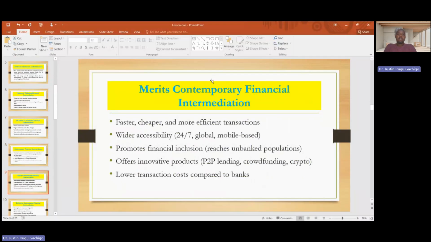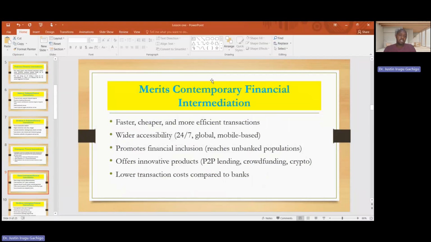Merits of contemporary financial intermediation. One, faster, cheaper, and more efficient transactions. If, for example, you want to take a small credit facility from a mobile app, some of them take less than 48 hours.